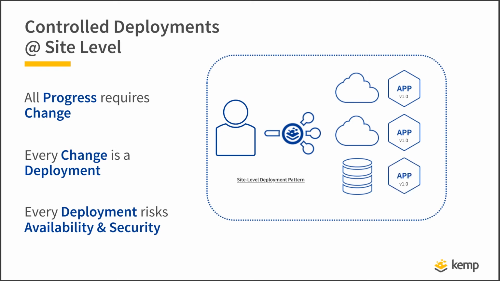So GSLB, because it's so lightweight and it works at a DNS level, it's often much easier to get implemented and to make changes to than server load balancing does, and in particular because it doesn't sit in line with the application traffic.